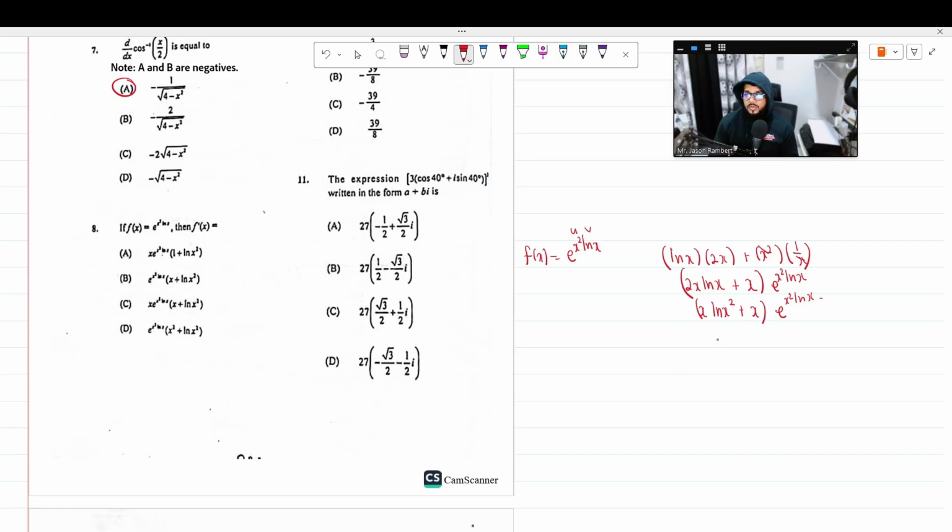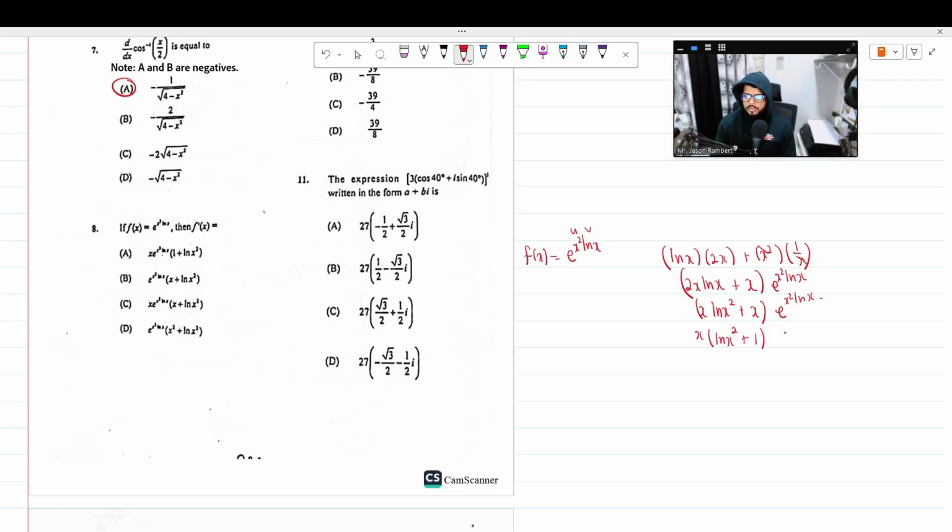So we had to factorize out the x now. So I'll get x into ln x squared plus 1, because it's going to be v du dx plus u by dv dx, which is 1 on x.